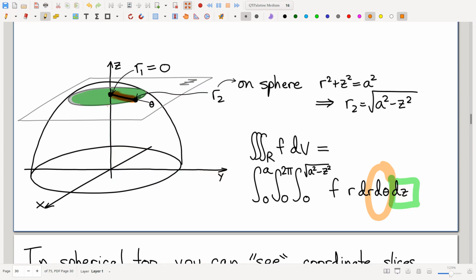And I claim they go all the way around, don't they? The picture is the explanation. They go all the way around because that's what you can see in the picture. And so, again, theta goes from 0 to 2 pi. Are we happy? Everybody, feel free to shoot a hand up if you got a question.